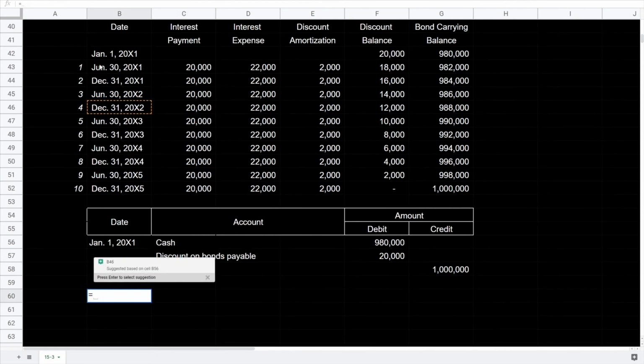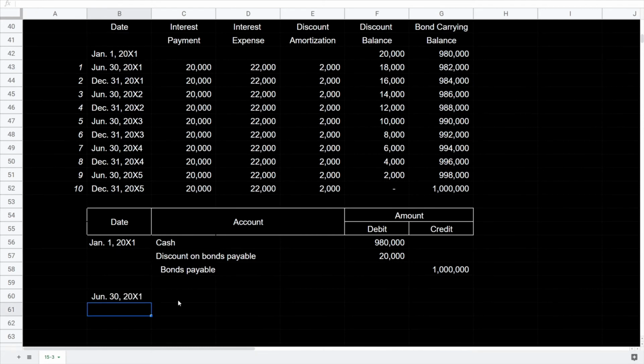Moving along to the first interest payment, or the first semi-annual period, June 30th, 20X1. We would recognize interest expense. This is the cost of borrowing. It's $22,000. We know that a portion of that cost of borrowing actually happened near the beginning, but we are recognizing only a portion of it each and every period. That would be the discount.